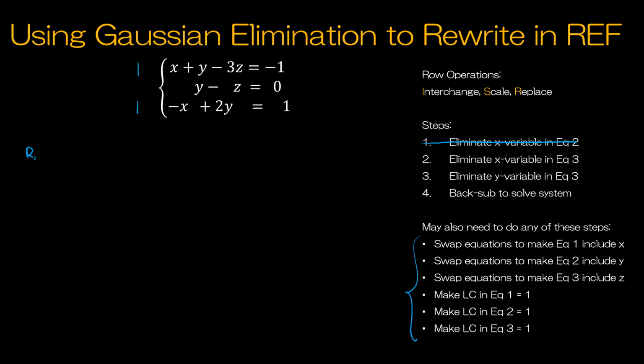So row 1 plus row 3 is going to be my new row 3, and my resulting system is x plus y minus 3z is equal to -1, y minus z is equal to 0, and now I'm going to add those row 1 and row 3 together.